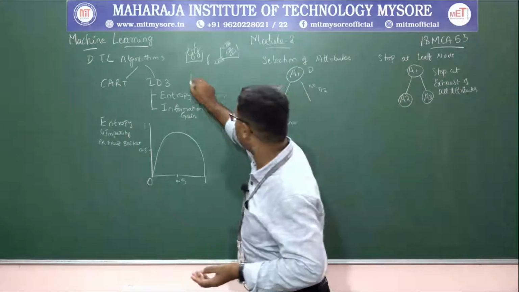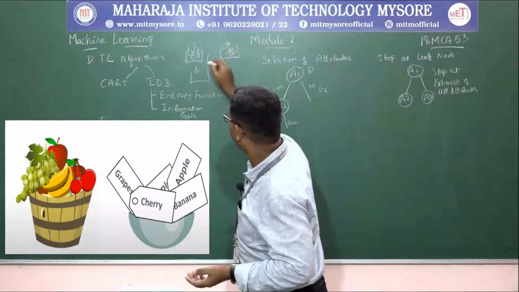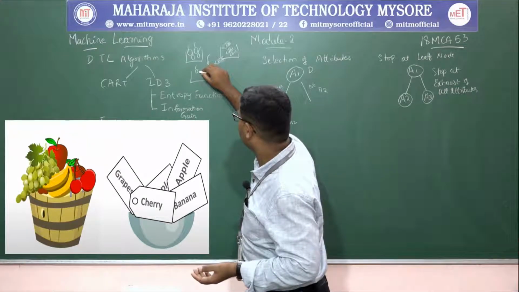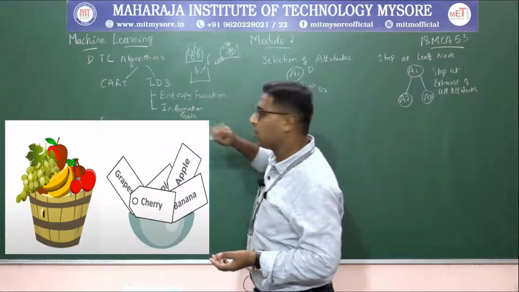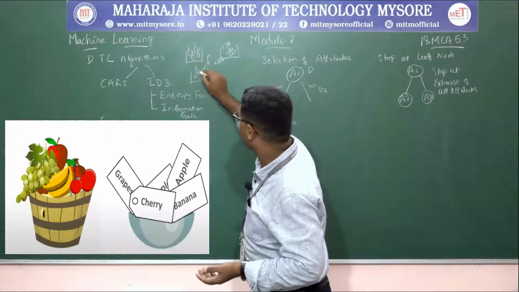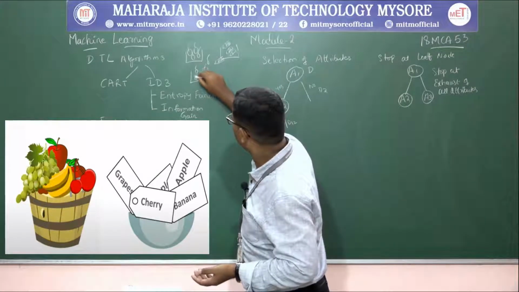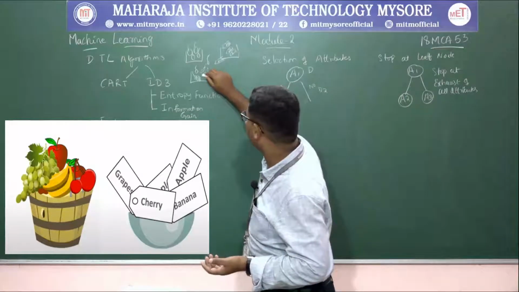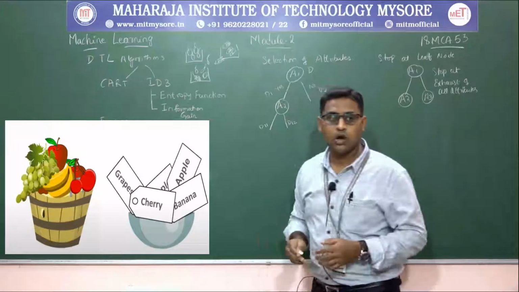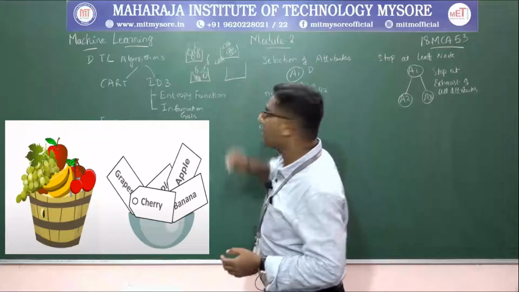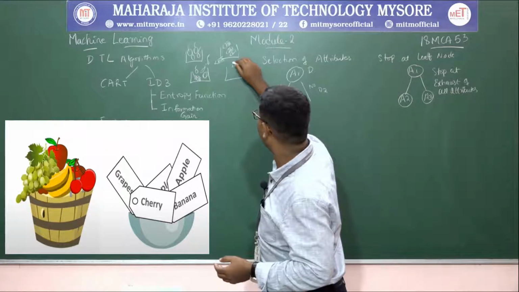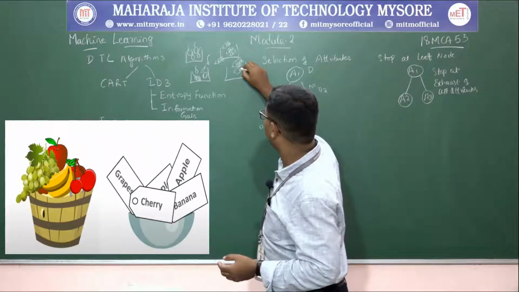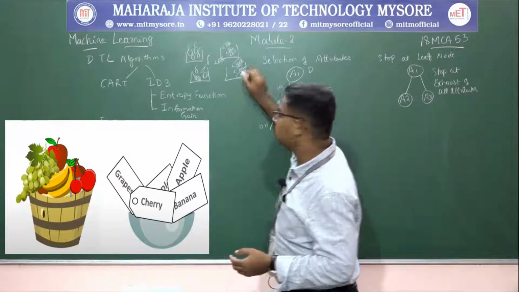Now say in the basket you have one apple, a banana, a bunch of grapes, and then an orange, and so on. Then in another basket you have a label for grapes, a label for apple and a label for orange, etc.